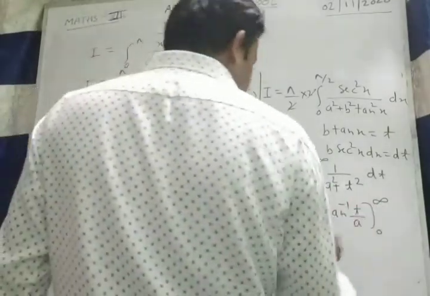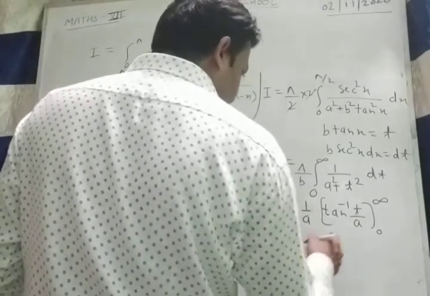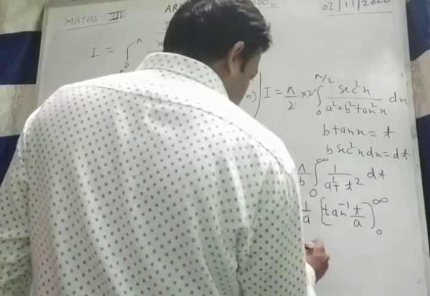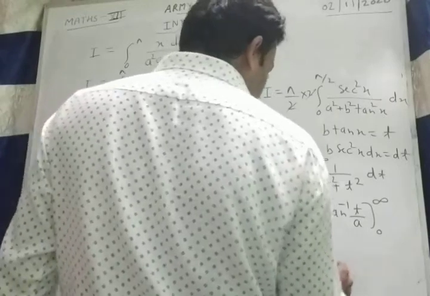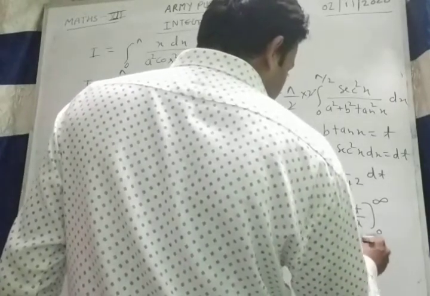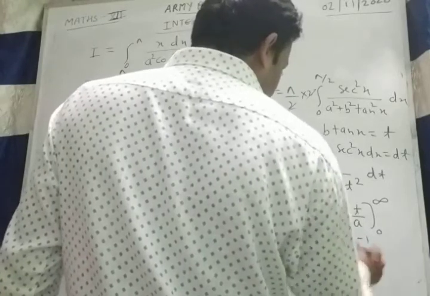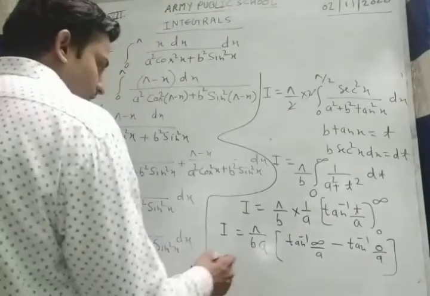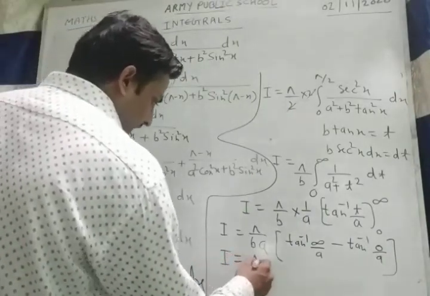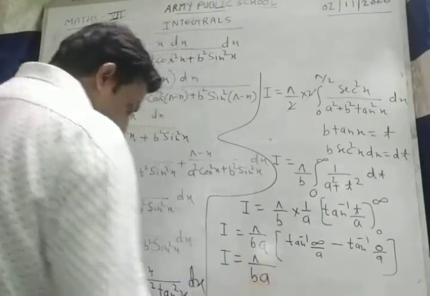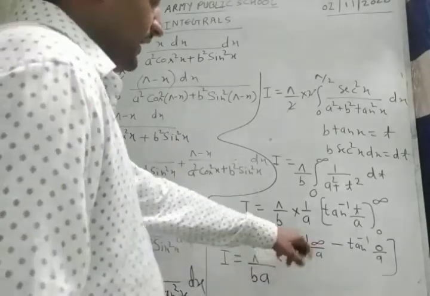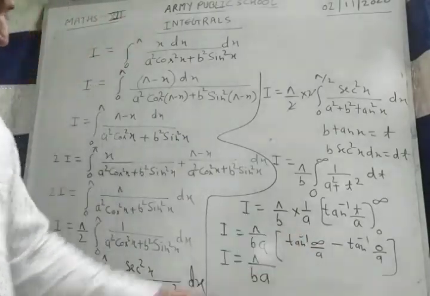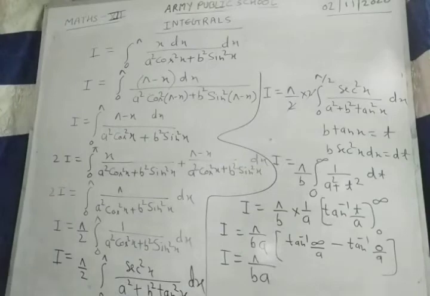Now we put the limit here. What we get? Tan inverse infinite minus tan inverse 0 by a. So we get I is equal to pi by ba tan inverse infinite. So the value of this will be what?